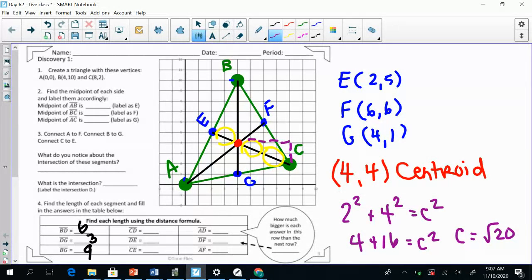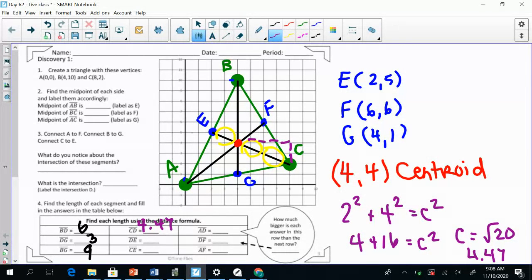Sorry, I did not bring it here, so I'm going to have to use my phone. So it's 4.47. So that means from C to D is 4.47.